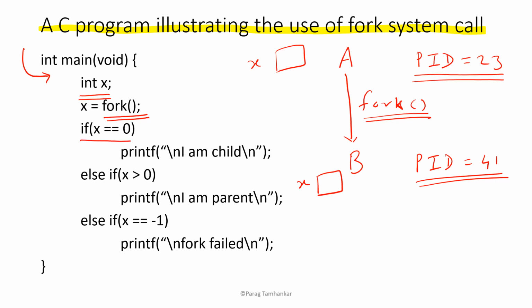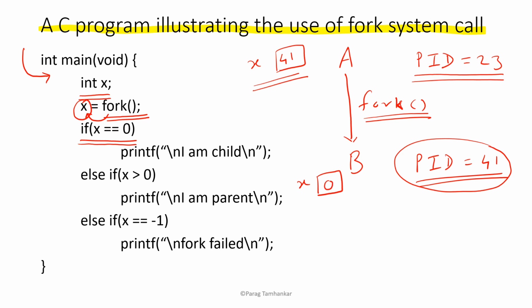Now both of the processes will execute independently, but fork has actually returned some value into X. I have already told you that the parent always gets the child PID. The child PID is 41, so the parent will get 41, which will be copied into this variable X. Whereas the child always gets 0 from fork.